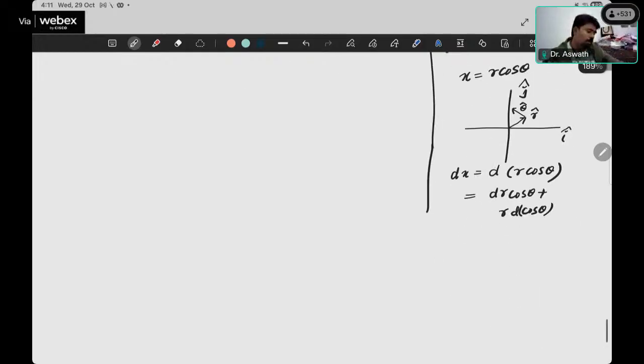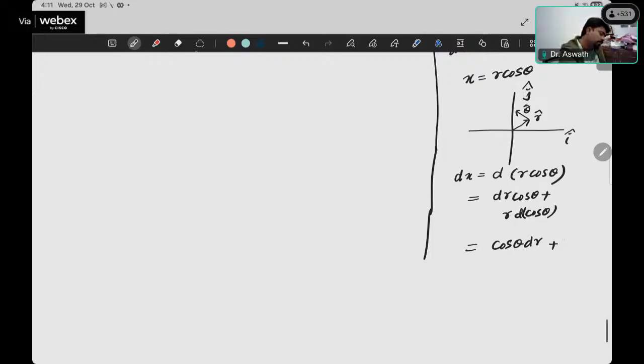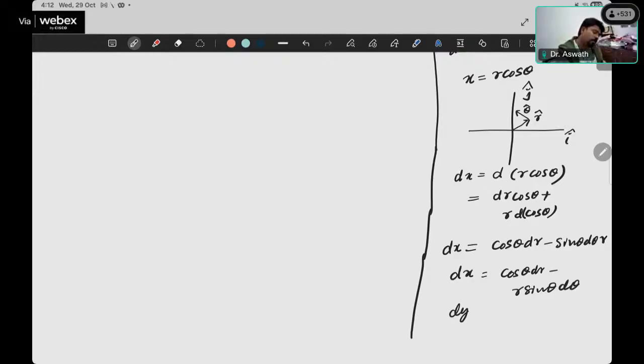So this is cos theta dr plus, the differentiation of cos theta is minus sin theta, so minus sin theta d theta times r. So dx is cos theta dr minus r sin theta d theta. Similarly you can find dy.